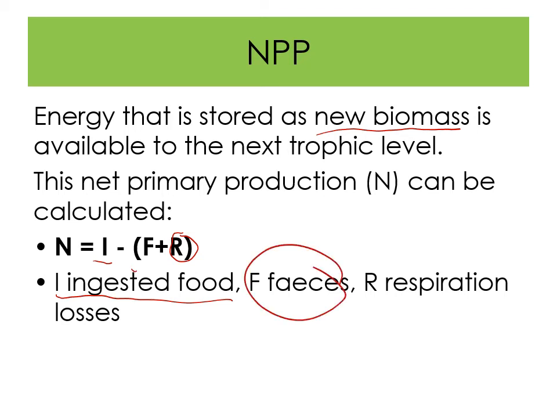So slightly different to our plant calculation, which of course was that our net primary production for plants was our gross primary productivity minus respiration. So that was for our first level of the ecosystem, if you like, and now we're just considering how this differs a little as we move to animal species.